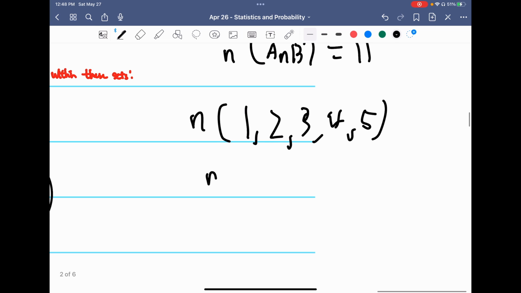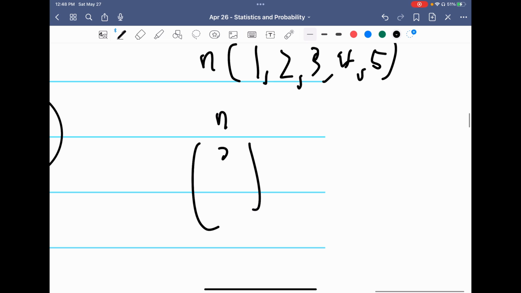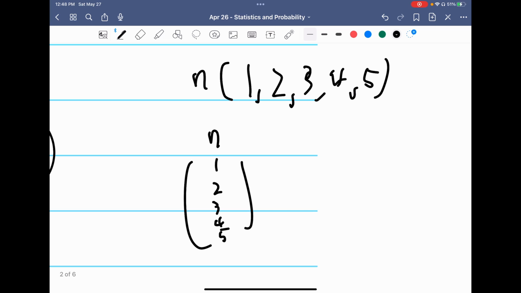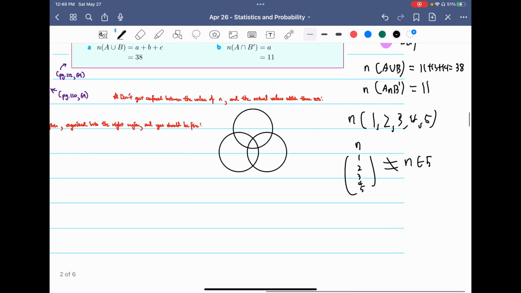It just means that inside n there is 1, 2, 3, 4, and 5. So don't get confused with having five numbers in n. Something like this.